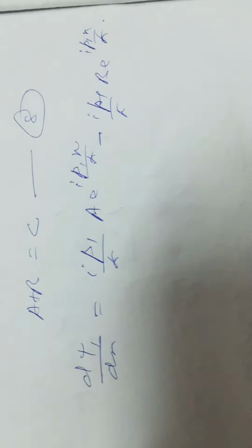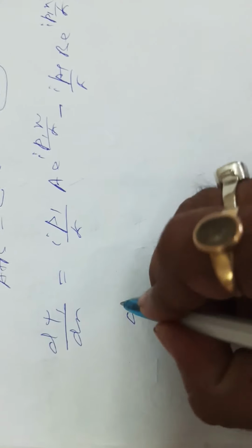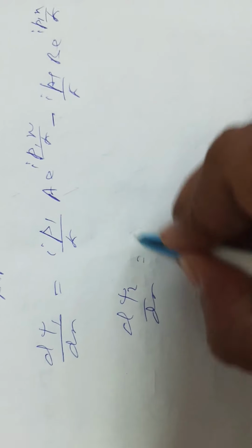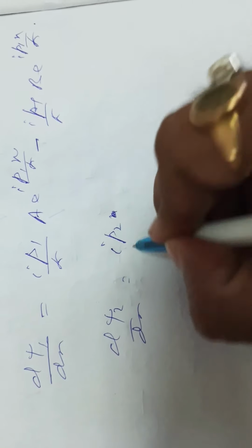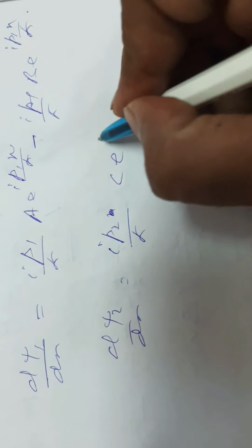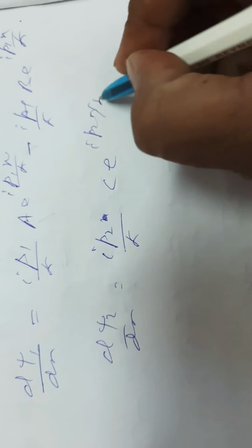And also equation number 5 was d psi 2 by dx equal to i p2 by h cross C into e to the power i p2x by h cross.